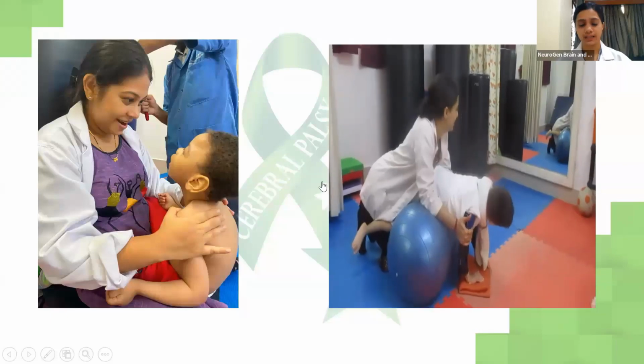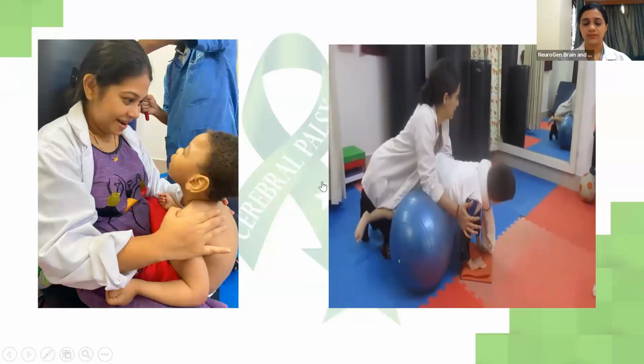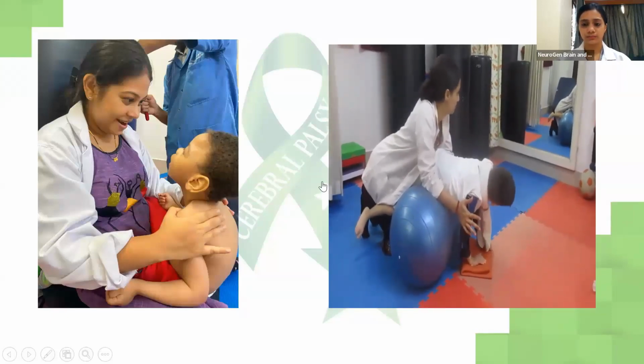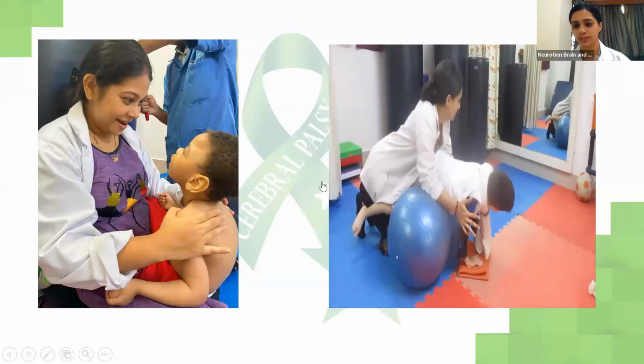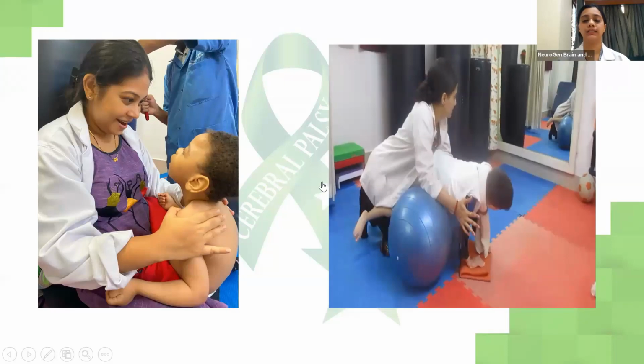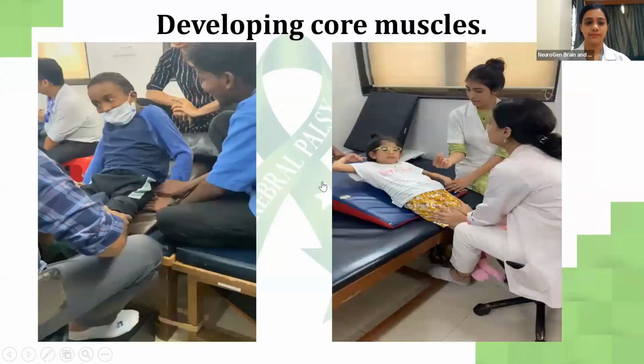A lot of weight bearing activities are given for children with dystonia. So I'm expecting him to look up. There is a mirror beside. I wanted him to look at himself, and this is promoting the neck control. Developing the core muscles.